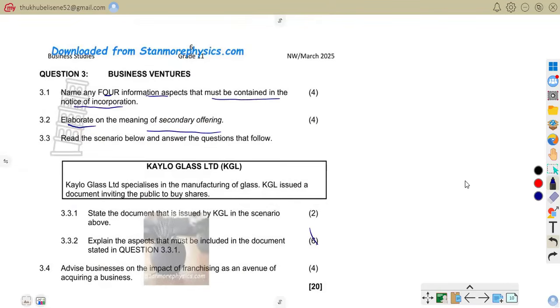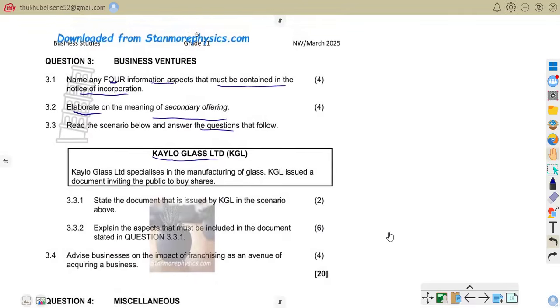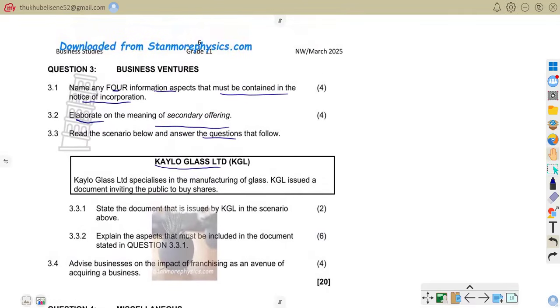So here we are on 3.3. It says, read the scenario below and answer the questions that follow. Kalo Class LTD. That is question 3.3. It says, Kalo Class LTD specializes in the manufacturing of glass.